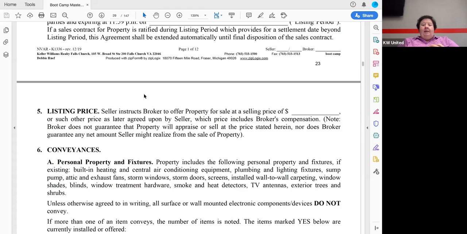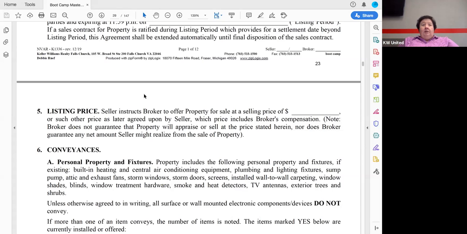It is a bad habit that many agents have gotten into over the years, because you might be taking a listing agreement 6 months in advance while they're going to work on repairs, and you don't know what it's going to sell for. Okay, you project a sales price out there during the period of the listing agreement. In the last paragraph, you can say that we will revisit the sales price within 30 days of going on the market, or 2 weeks, or whatever. But you need to put a sales price in there.